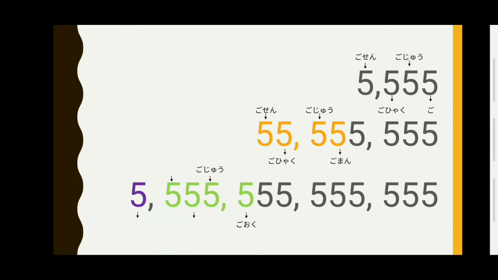We have 5 billion gojuoku, 50 billion gohyakuoku. 500 billion is gosenoku. And we have the 5 trillion gocho. We have the sign for yen, or in Nihongo, it is en.